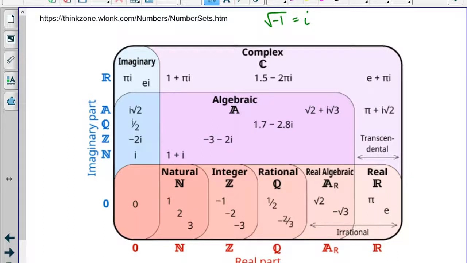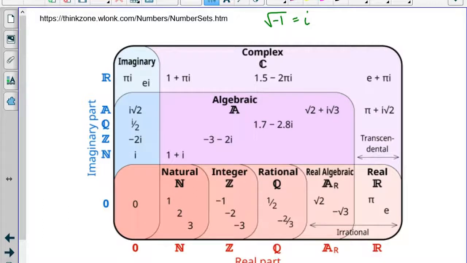But that is what is called an imaginary number, and so we're going to expand our number system just a little bit. And complex numbers are the big picture, what happens when you include real numbers and imaginary numbers all together. So this is just a very general picture of what actually happens.